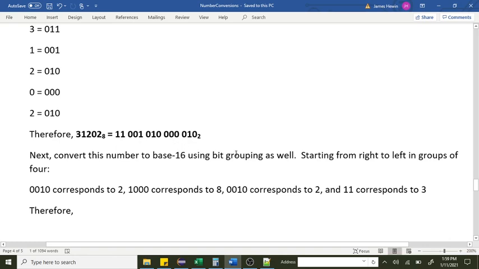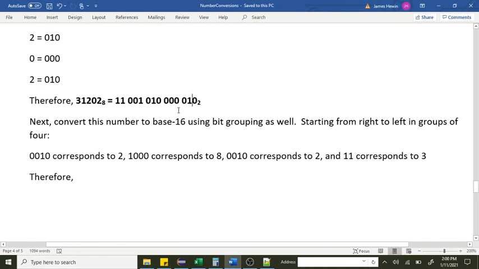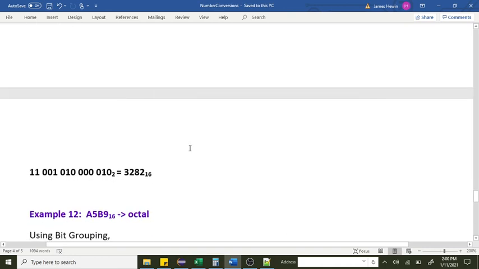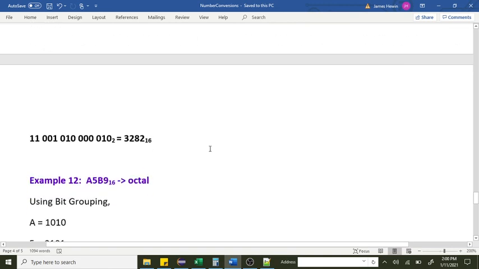But remember, when you're going to base 16, you're doing groups of 4, so you've got to be careful here. So 0010 would be 2. Then after 0010, you'd have 1000, which would be 8. Then you would have 0010, which is 2, and then you would just have 11, which is 3.